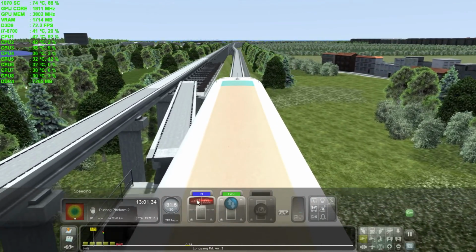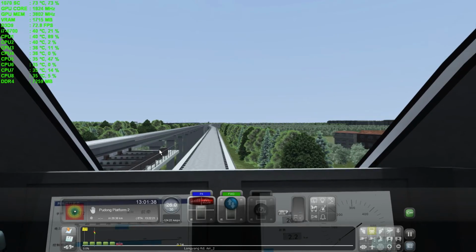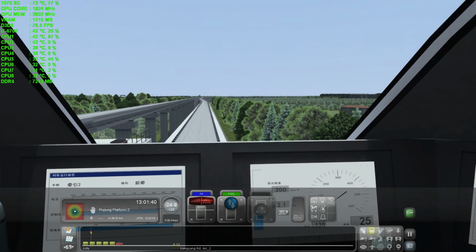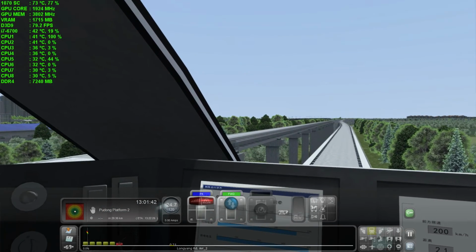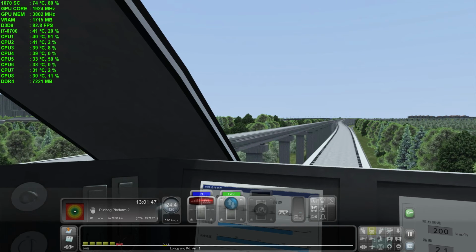Let's speed it up here a little bit. We're in the 70s. Totally acceptable, right? 81. Never got to this with the freight route.